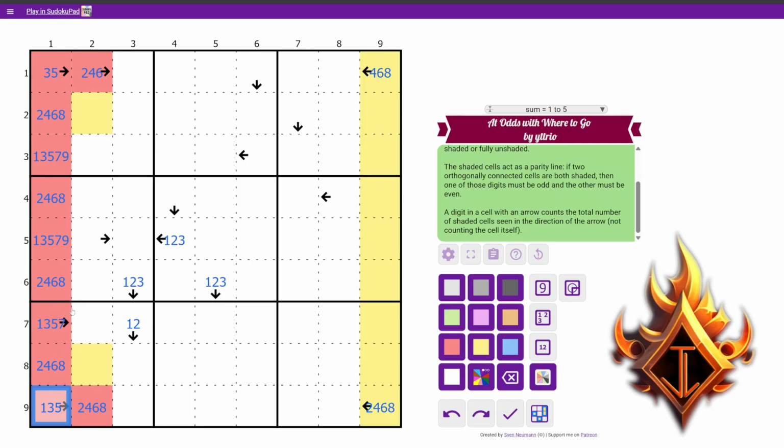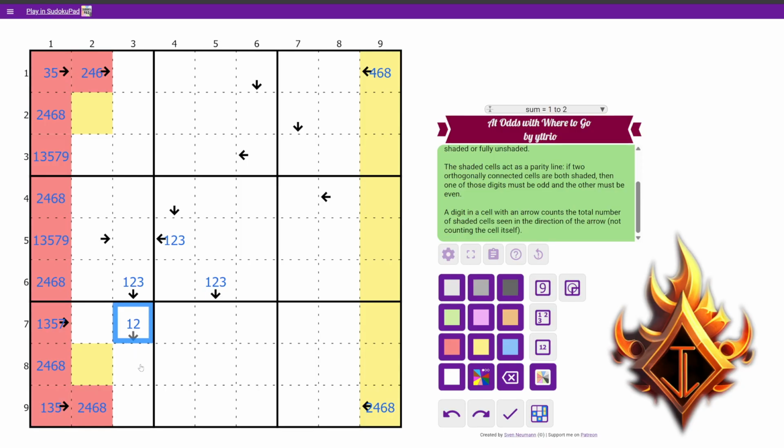So what do I want to do? If this is 2, both of those are red. If this is 1, this one cannot be red. So this one is red regardless, because this cannot be 0.